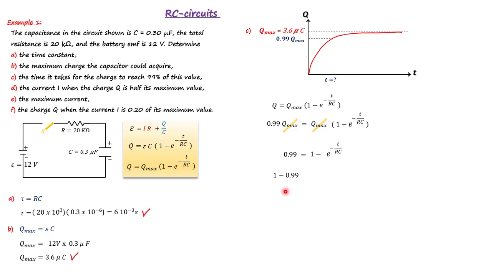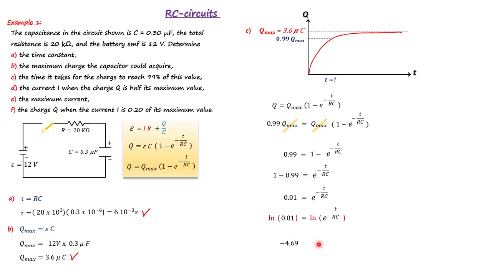Then we have 1 minus 0.99 on the left side and e to the minus t over RC on the right side. So this is 0.01 equals e to the minus t over RC. We have to take ln of both sides. So ln 0.01 is minus 4.69.